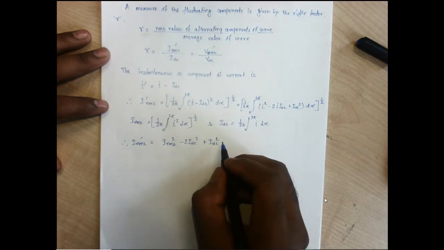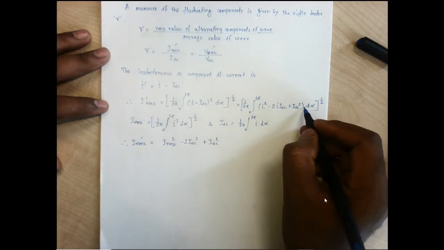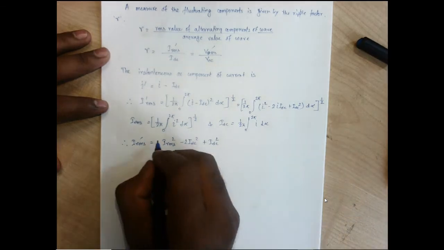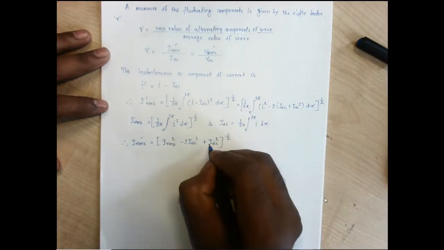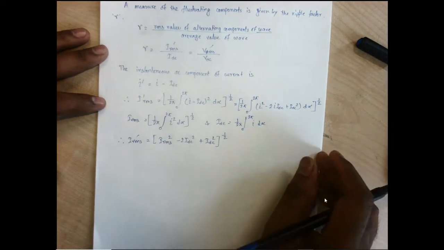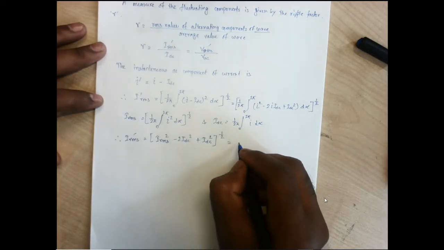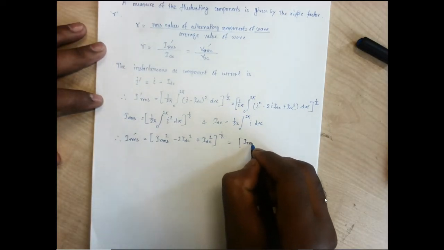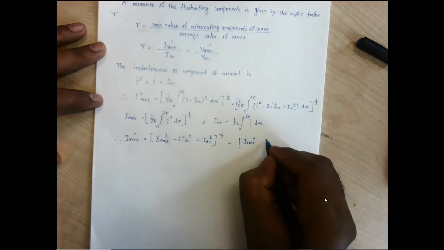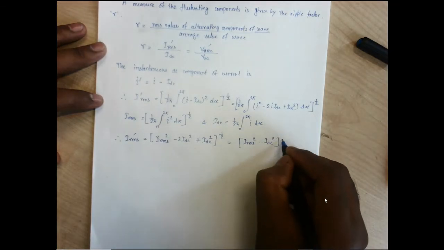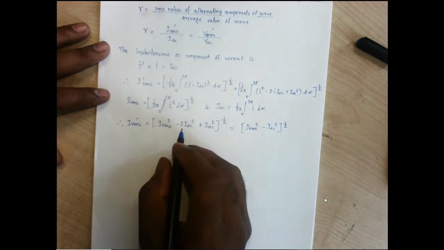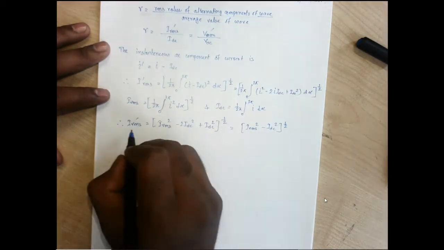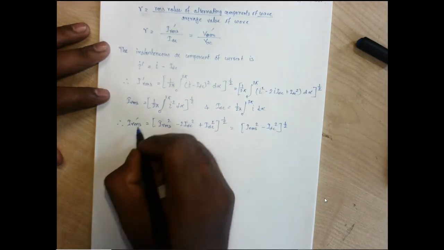Okay, so here if we do the integration, the 2 pi will get cancelled for this IDC square, whole to the power half. So we are left with (IRMS square minus IDC square) to the power half. So we have our primed value of IRMS.